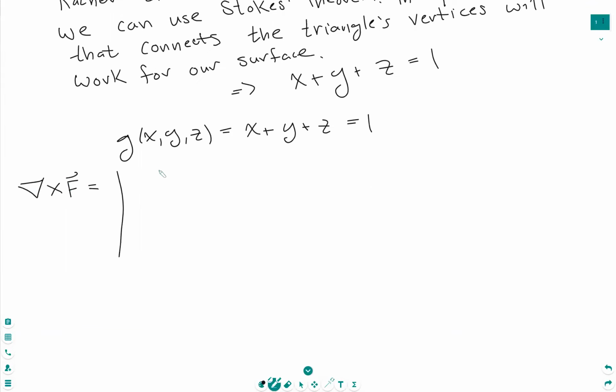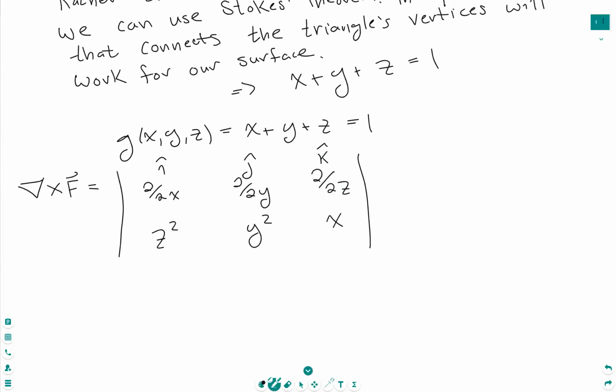So we have i hat and our x derivative, and then z squared, j hat, partial y derivative of y squared, and then k hat, partial z derivative of x.